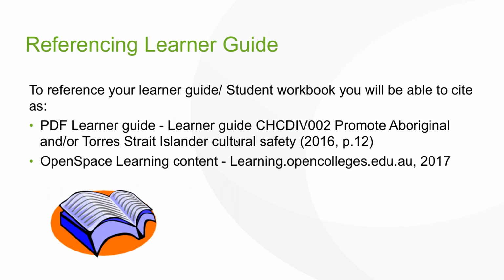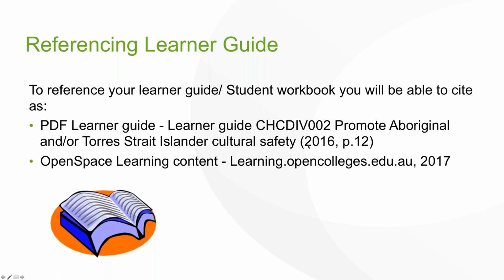When it comes to your learner guide or your student workbook or the textbook, you can actually reference this information into your assessments. Some students don't know how to do that properly. At times they might just say Open Colleges and this is the year, so 2017, if they were doing their assessments this year. If you are using a PDF learner guide, here's an example. For example, use the title of the book, which might be CHC DIV 002, Promote Aboriginal and Torres Strait Islanders Cultural Safety.